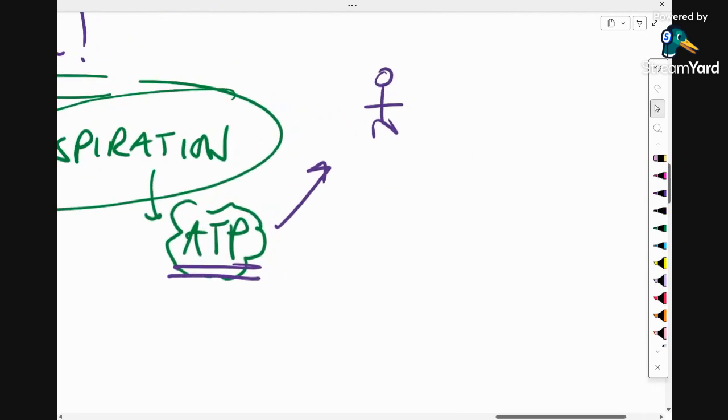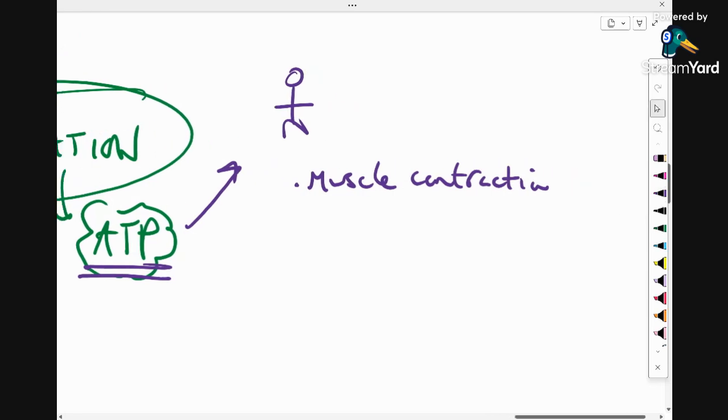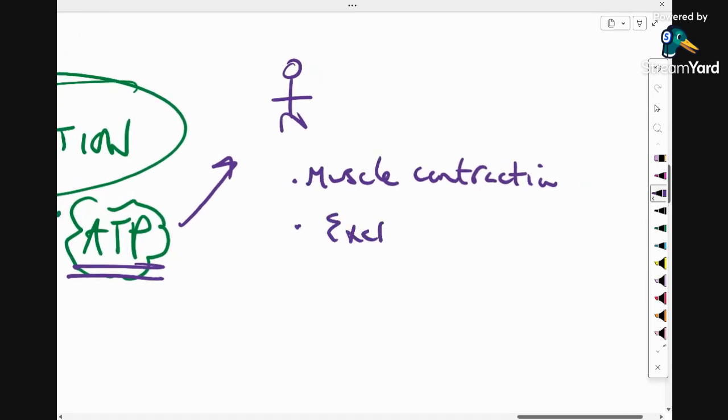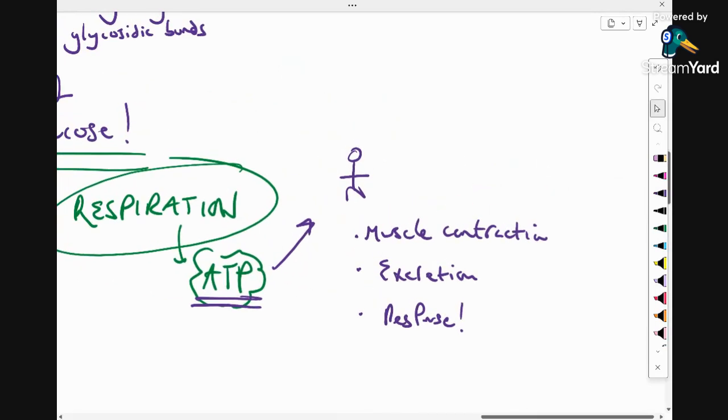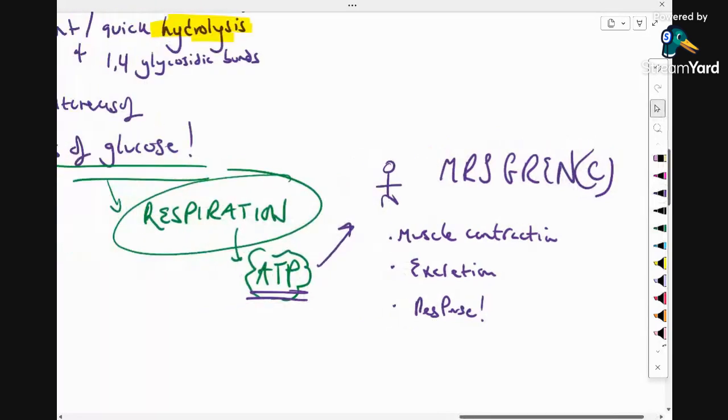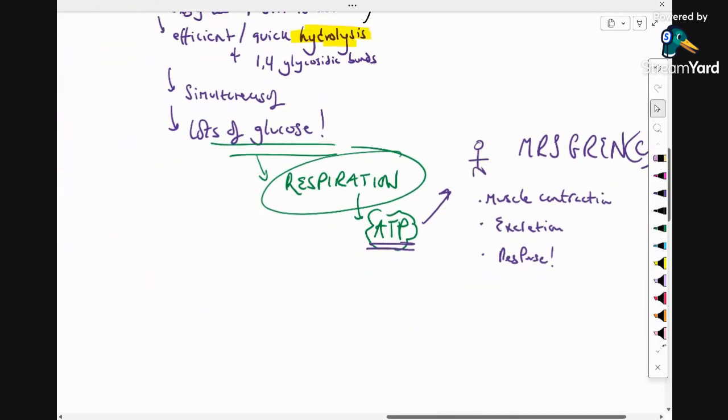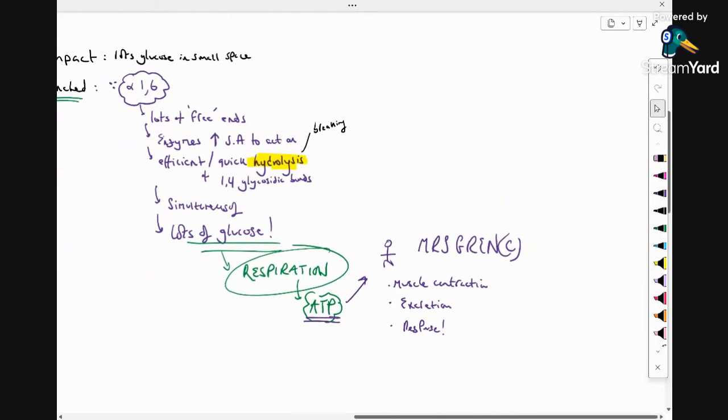You need to move, right? Muscle contraction. You need to excrete, so excretion, right? Coordination and response, right? Your brain needs a lot of ATP, right? Loads of things. Essentially, this is Mrs Gren. C, don't forget, stands for coordination or control. But that's a good 3-4 mark answer there as to why glycogen is branched.